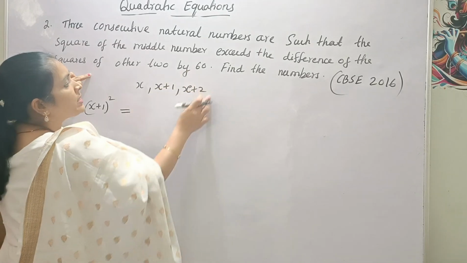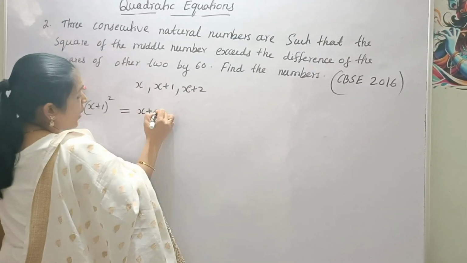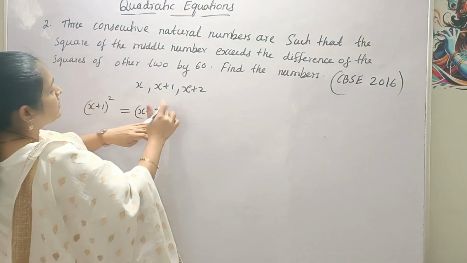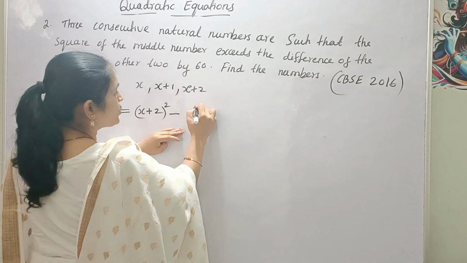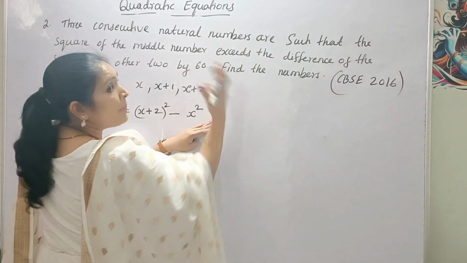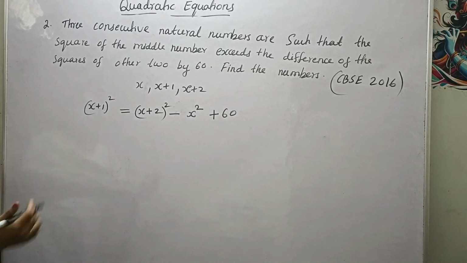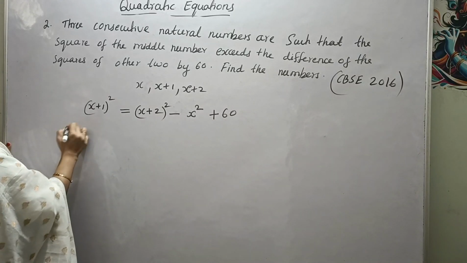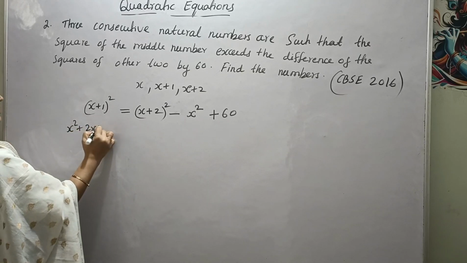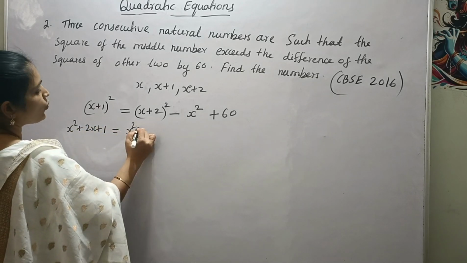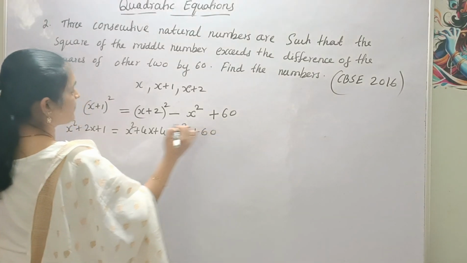Difference of the other two, which one is larger? x plus 2 is larger, right? So we can write the difference of squares, that is x plus 2 square minus x square, exceeds by 60, plus 60. Okay. Now simplify this one. x plus 1 whole square is x square plus 2x plus 1, equal to x square plus 4x plus 4 minus x square, plus 60.